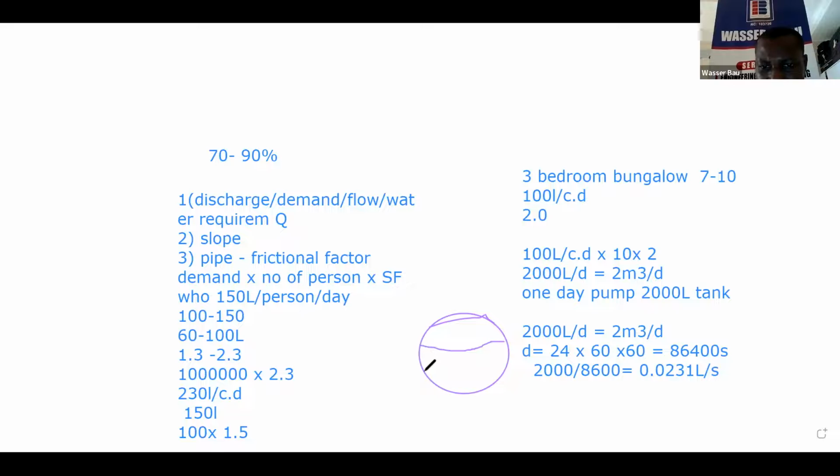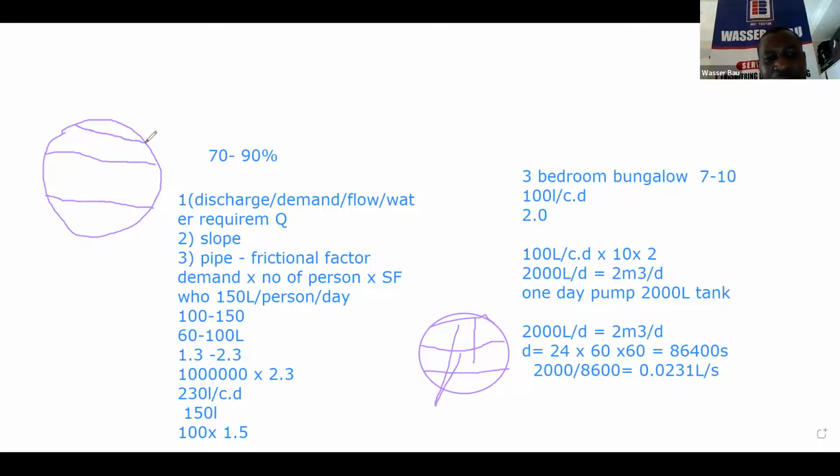If this is your pipe and you do your design and at every point the level of water is here, you're a poor designer. The standard says that the water should be at 70%, so it should be 70% full all the time, but it should not exceed 90%.